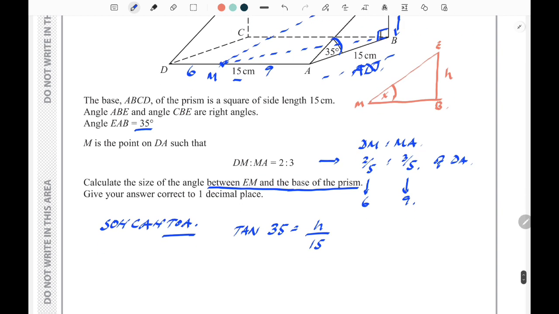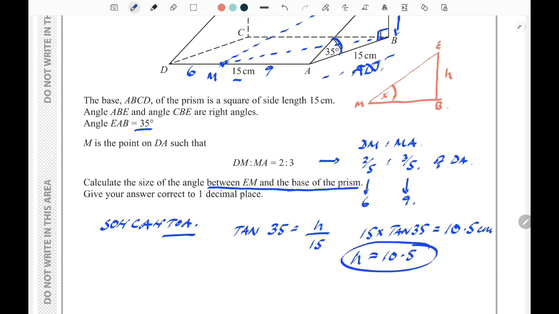And to work that out, we can use 15 times tan 35 equals H, which is, let me just punch that in. You've got 10.5. All right. That's H. So H equals 10.5.